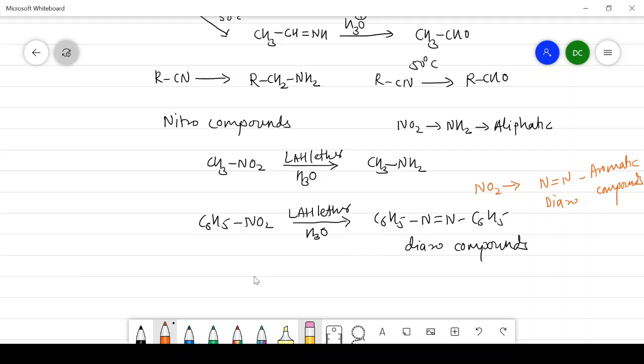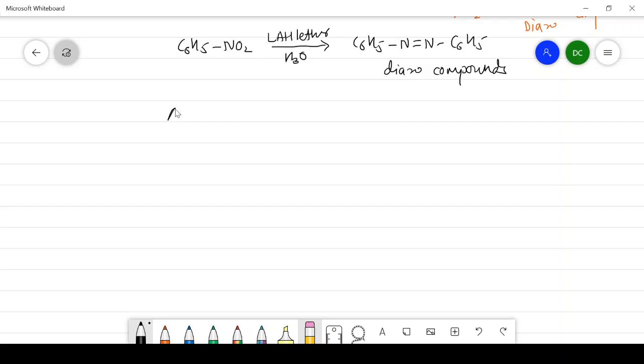In addition to this, the azide group also undergoes reduction in presence of lithium aluminum hydride to give corresponding amino compounds. Like azides, that is C6H5N3, its structure is like this: C6H5 N double bond N double bond N, having a positive charge and a negative charge.